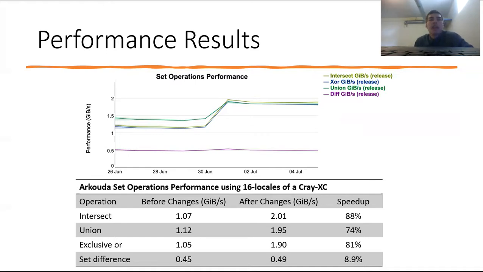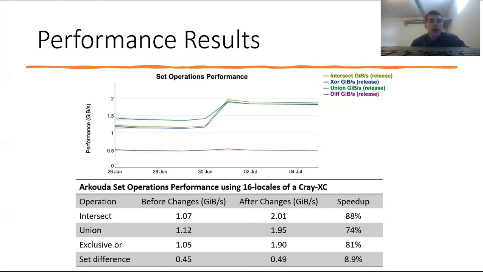And as you can see, Intersect was the top performer, improving about 90% with our changes, and Union and XOR saw results comparable to this 90% number, while the set difference experienced more modest improvements with about a 10% increase.